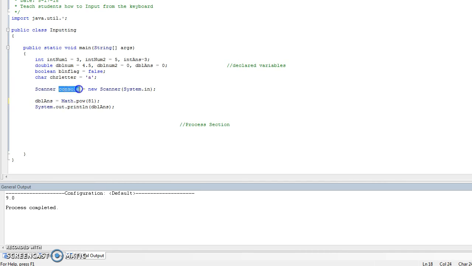That means we have to create an object to use its methods, where we go console dot the method. You'll learn more about that when we get into classes. But let's say we had 2 raised to the 4th power. We can go ahead and run this, and sure enough, 2 to the 4th power is 16.